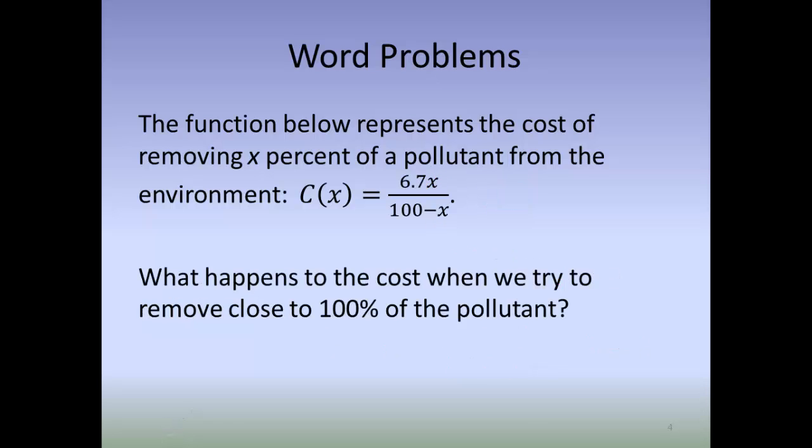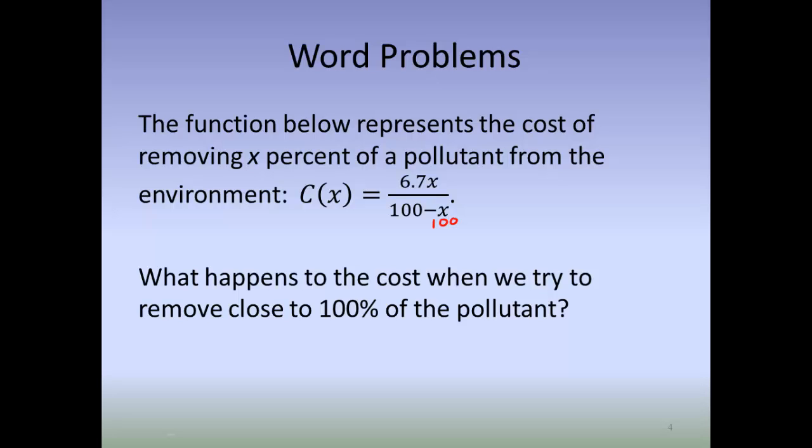This time, what happens to the cost when we try to remove close to 100% of the pollutant? So in this case, if I try to remove 100%, I'm dividing by 0. So how can we take a look at what happens when we get close to 100%?